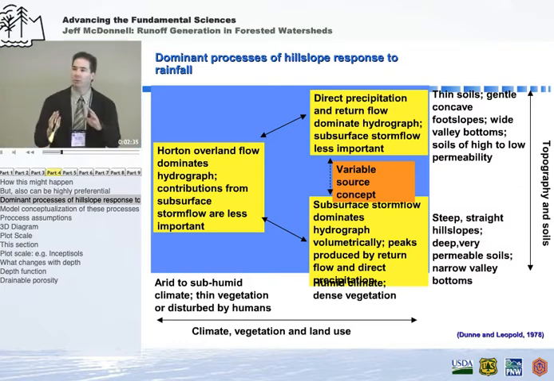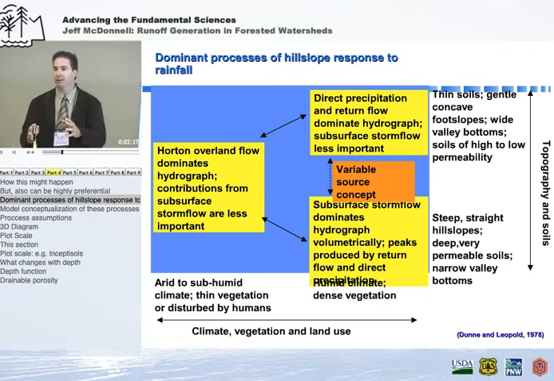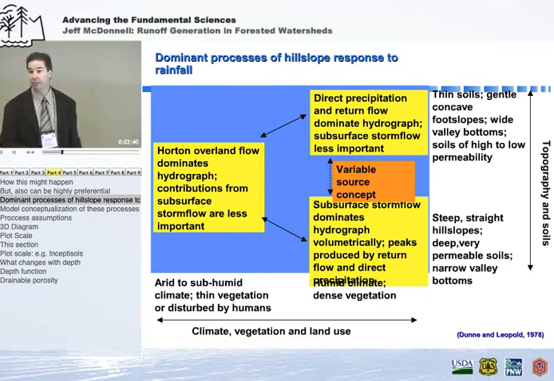But again, it's important to recognize it's not one or the other, because in many of our catchments, all of these things could be operating. It's maybe identifying which are the dominant processes.